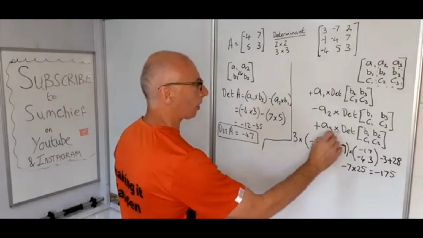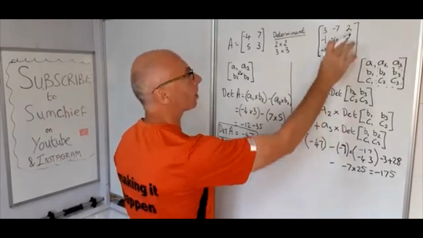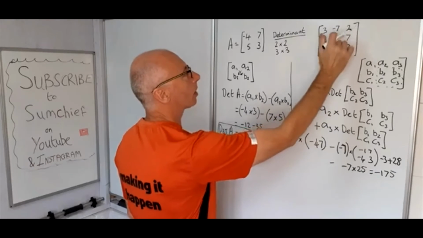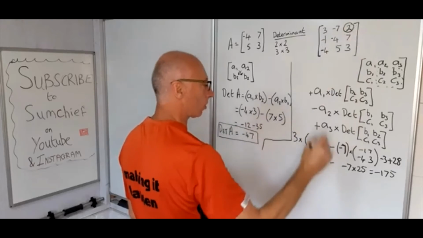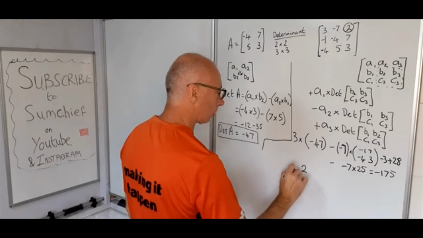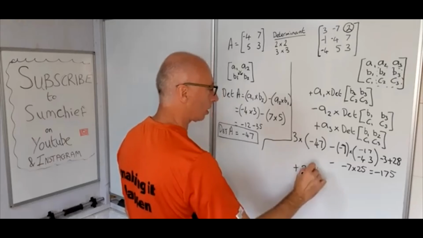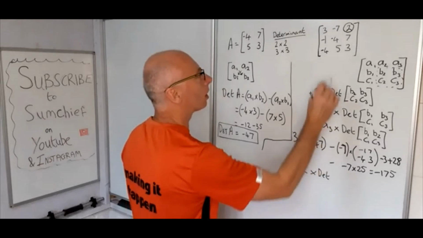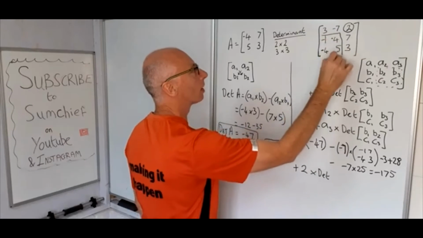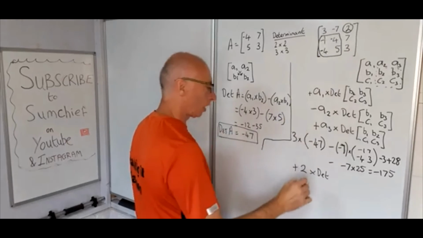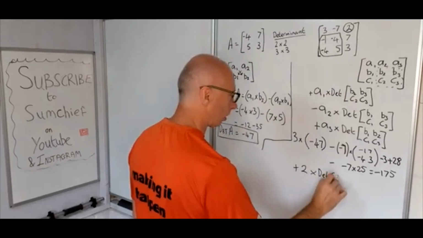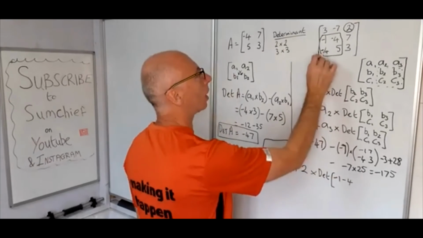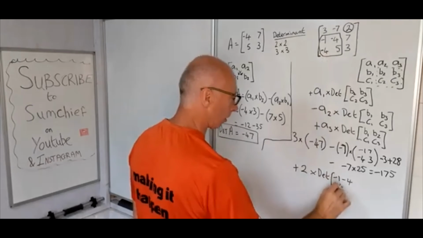Now we'll go for this one here, A3. So A3, that's this number here. So that's 2. So we're doing plus 2 times the determinant of this matrix here, -1, -4, -4 and plus 5.